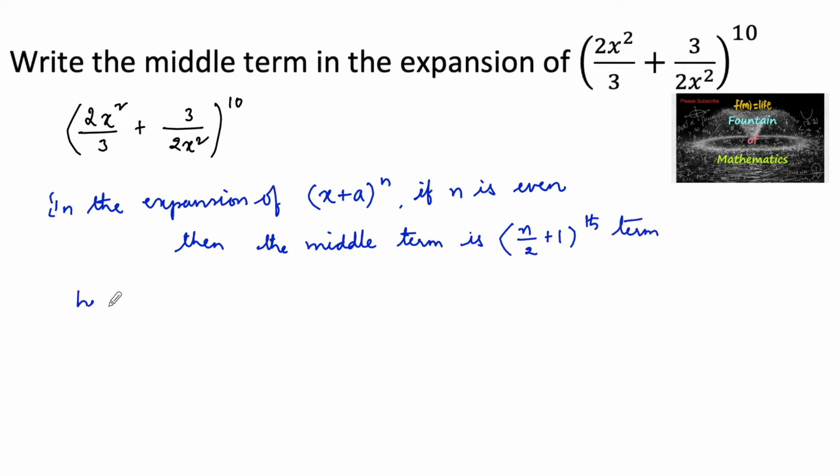So here n is equal to 10, therefore n/2 + 1 is equal to 10/2 + 1, that is 5 + 1. So we can say the 6th term is the middle term.